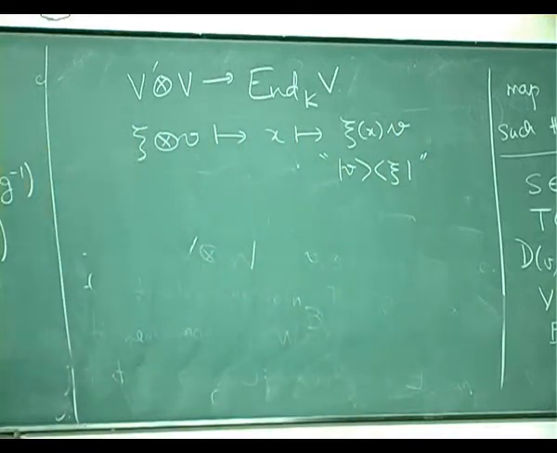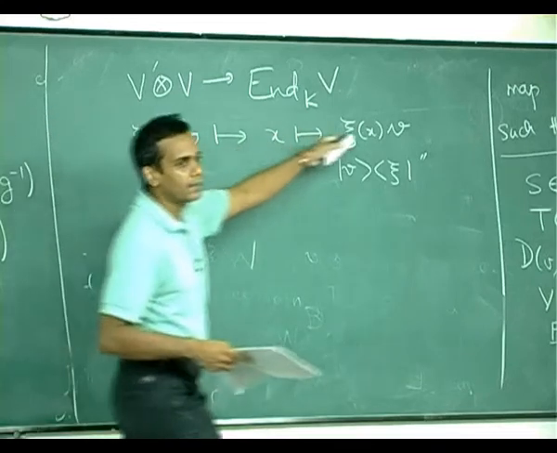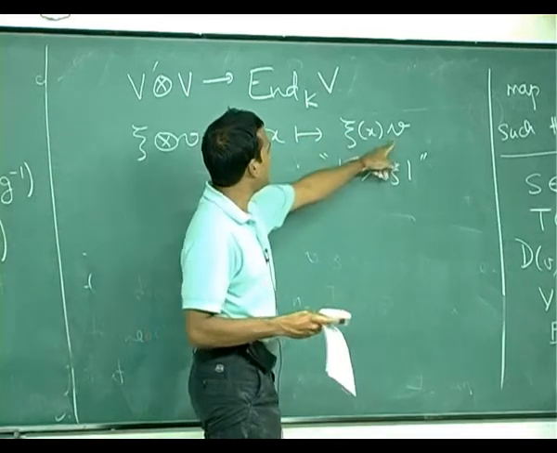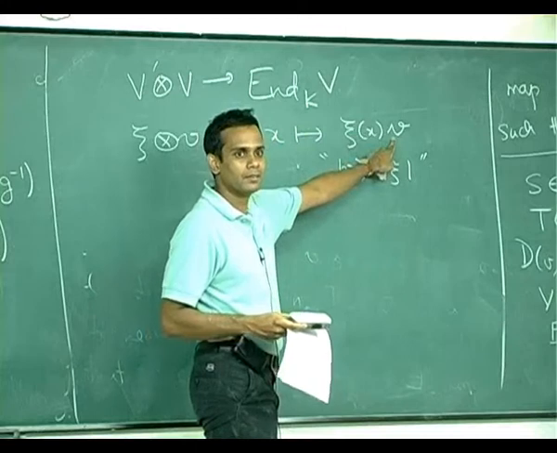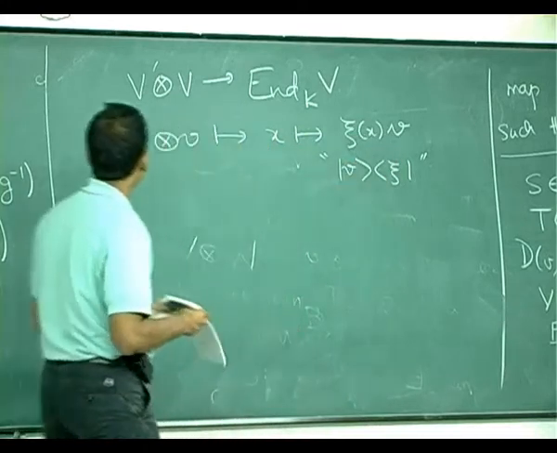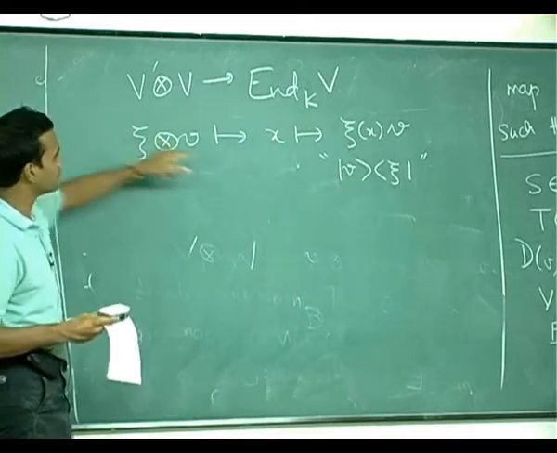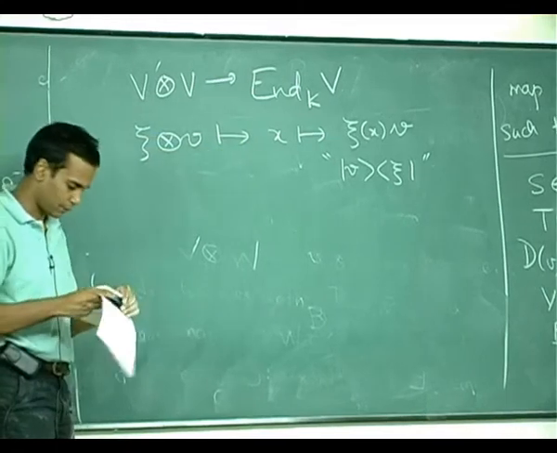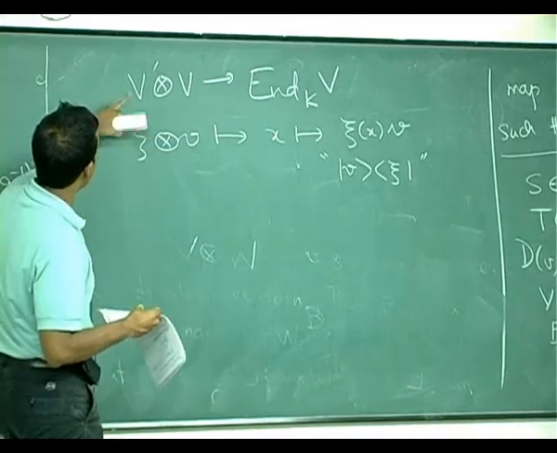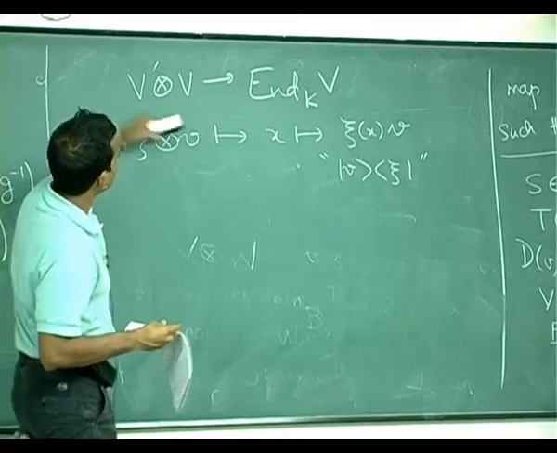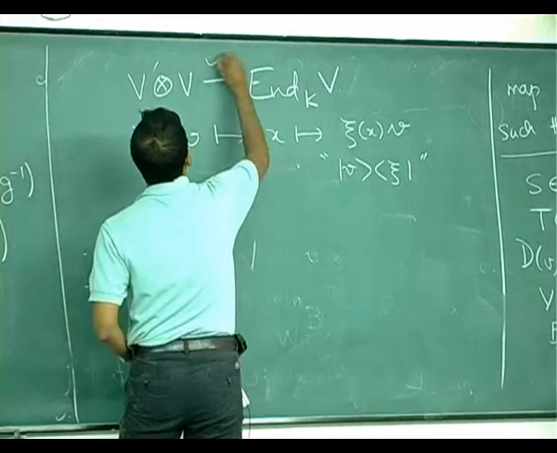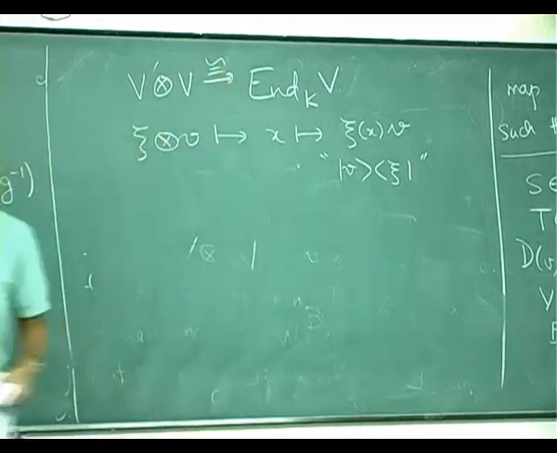So this is going to be a rank 1 endomorphism because its range is just spanned by V. When you take mixed tensors, you can get higher rank endomorphisms. And this turns out to be not just a G cross G intertwiner, but an isomorphism of representations of G cross G.